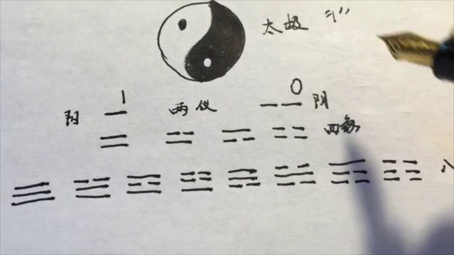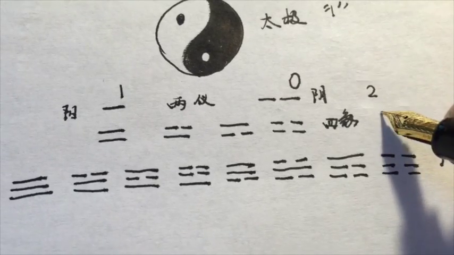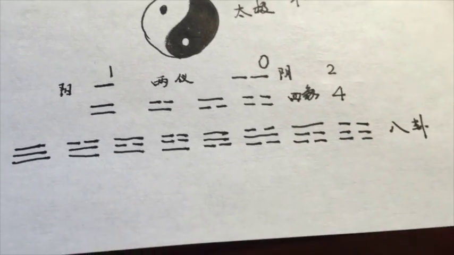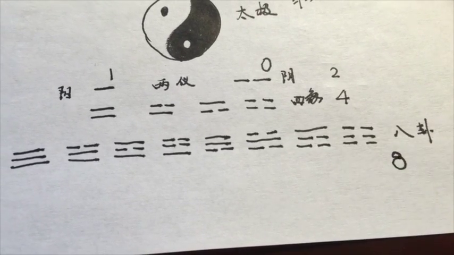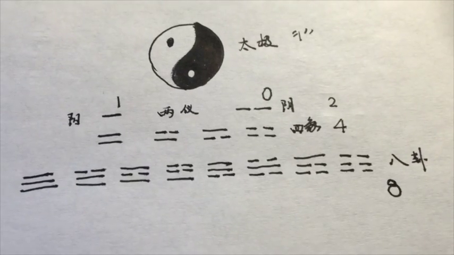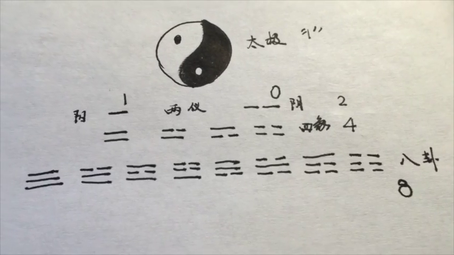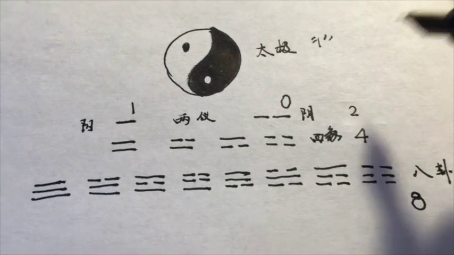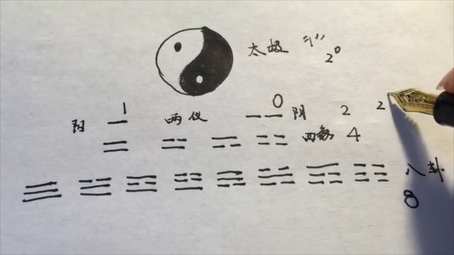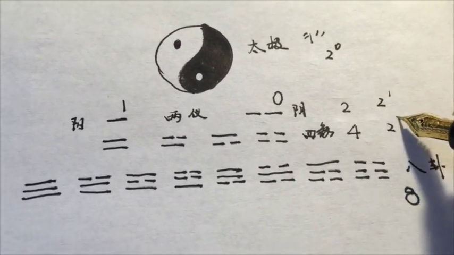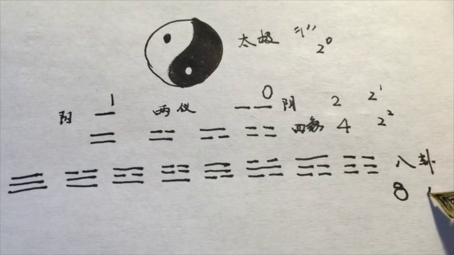So we have 1, 2, 4. And here we have 8, which is 八卦. So this is an example of the binary numeral system from 2 to the power of 0, 2 to the power of 1, 2 to the power of 2, and 2 to the power of 3.